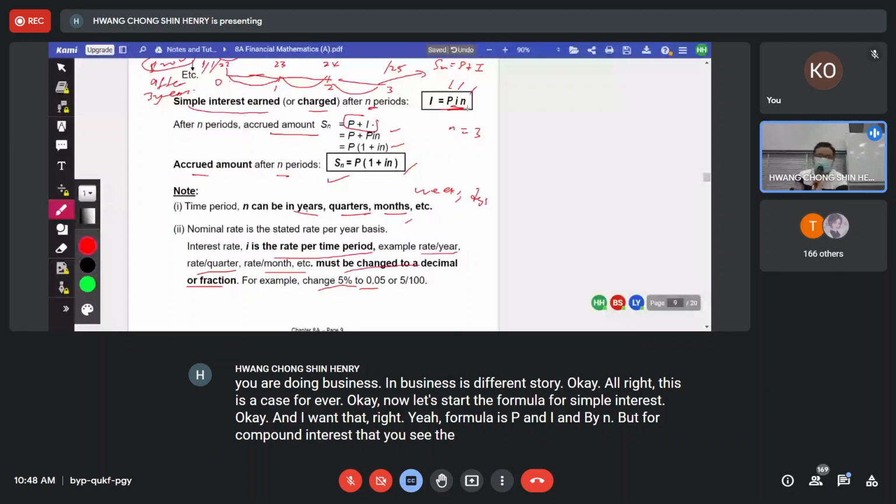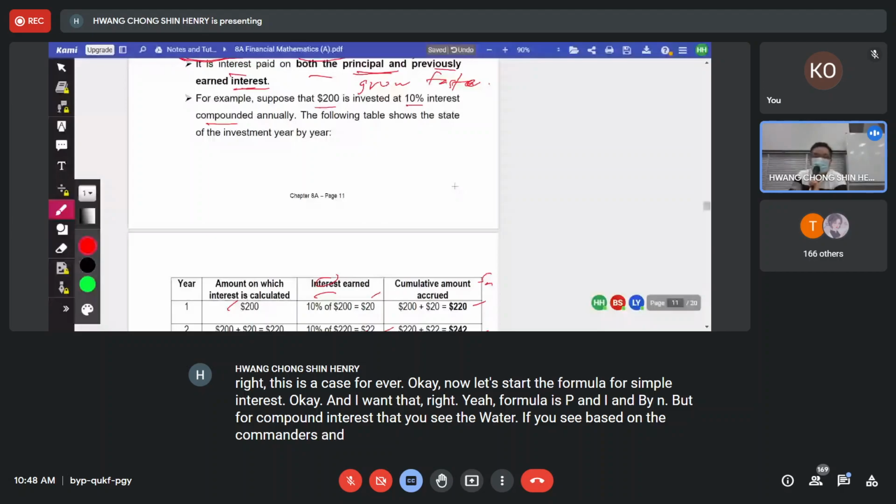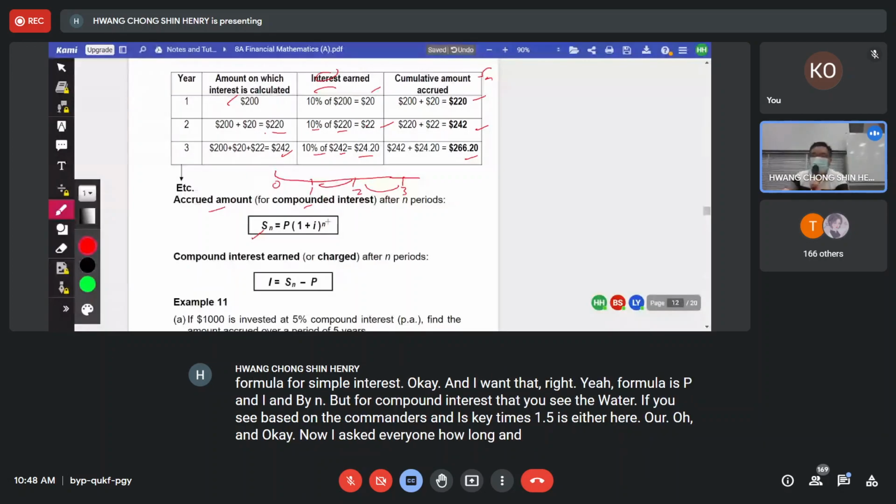The total amount of money based on compound interest, Sn, is P times (1 plus I) to the power of N. Now I ask everyone, does power of N grow faster, or times N?